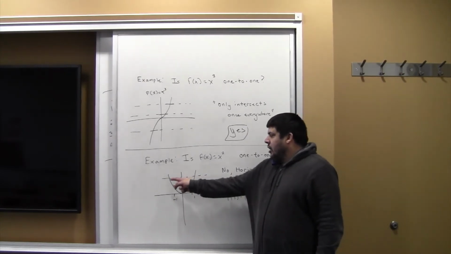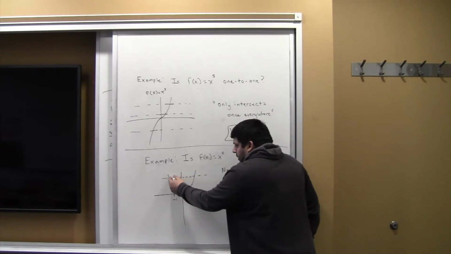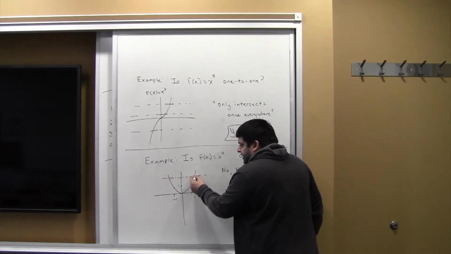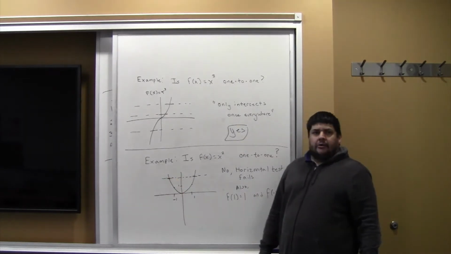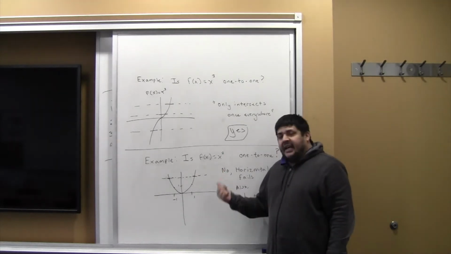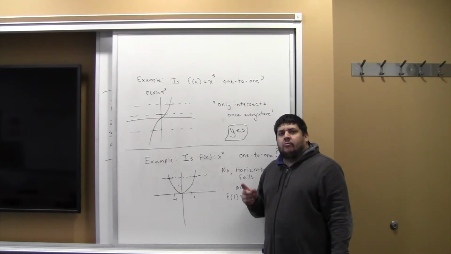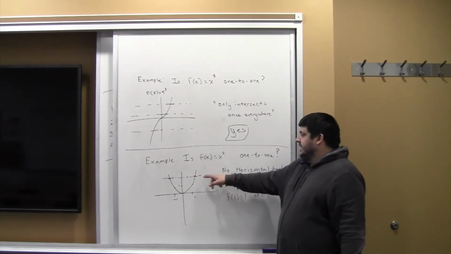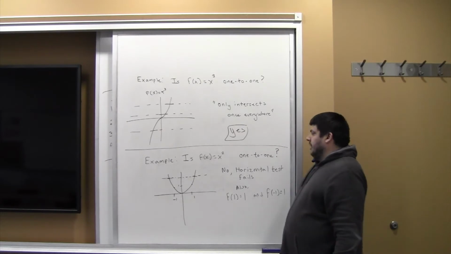Now, if I try to draw a horizontal line through this, which I've represented with this dotted line, we see it intersects here and it intersects there. If we remember the definition of this test, the line cannot intersect the graph in more than one place, which in this case it does. So that means it's not a one-to-one function.